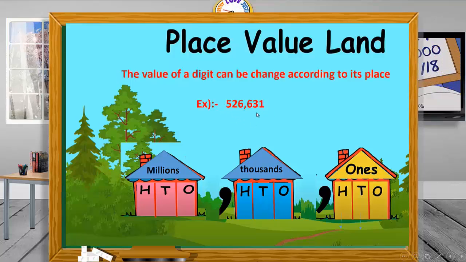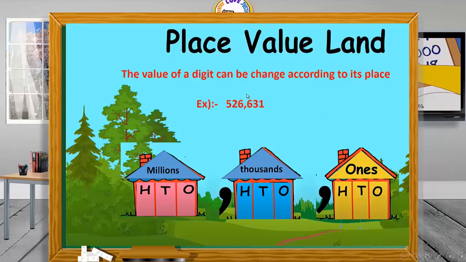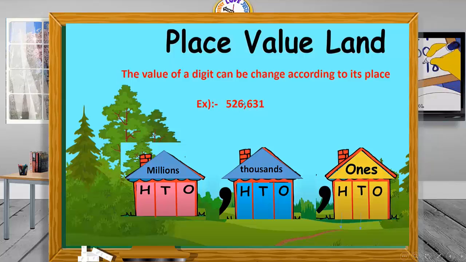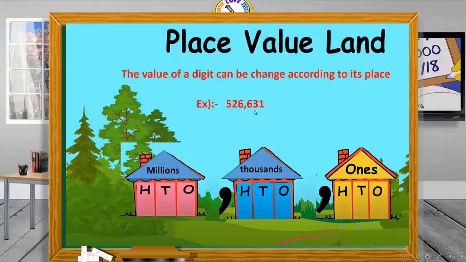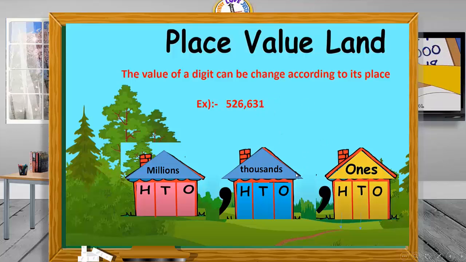I want to put each digit of this numeral in its place. Does 1 go in the first house or the second house?